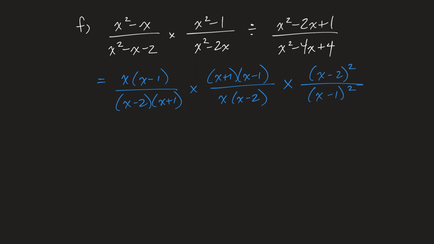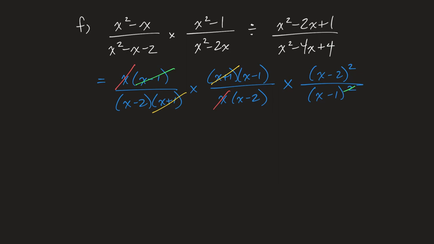Now I'm going through to try to divide out common factors. Well, I've got that single x and that single x. Those will divide out. I have an x minus 1, and on the bottom, I've got 2 x minus 1s. So I can divide it out of there. I have an x plus 1 and an x plus 1.